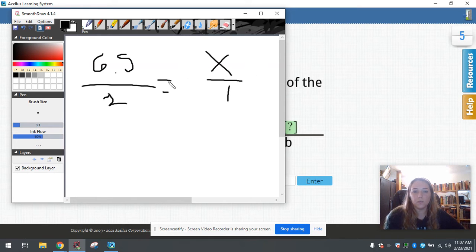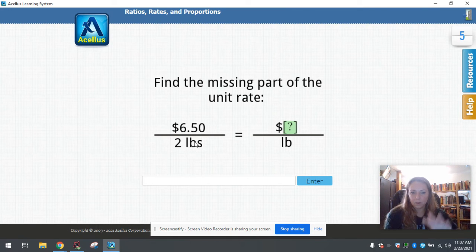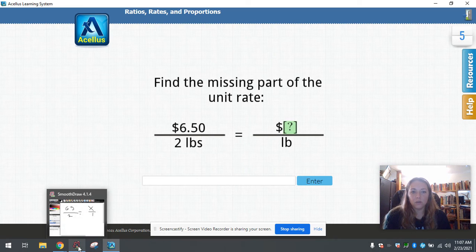You'll notice when I set this up, I'm writing exactly what I see here, except I'm writing an x where that unknown number is that we're going to solve for. And I'm not including the rates, pound or dollars per pound, because I'm just going to do the math here.